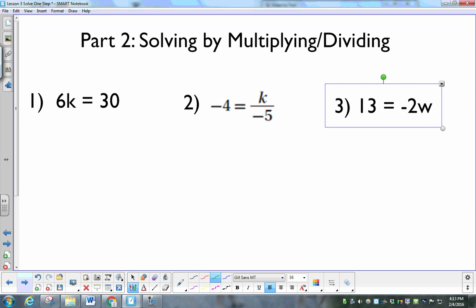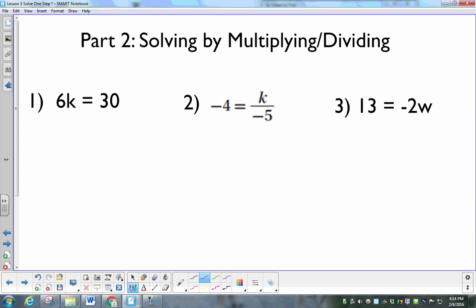Now we're going to be solving by multiplying and dividing. So let's look at this first one. Right here I have 6k equals 30. Remember that 6 and k, if they're right next to each other, that means they're being multiplied. So the opposite of multiplying something is dividing. Okay, so I can divide by 6. Now the reason that works is because, remember we talked about canceling, 6 over 6 is 1, and 1 times k is just k.